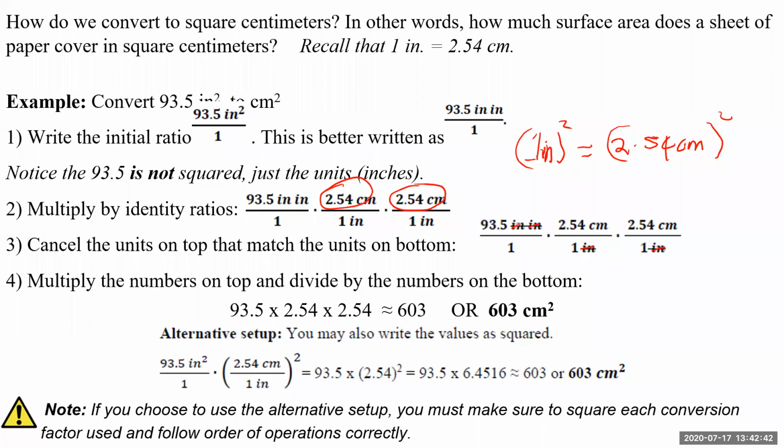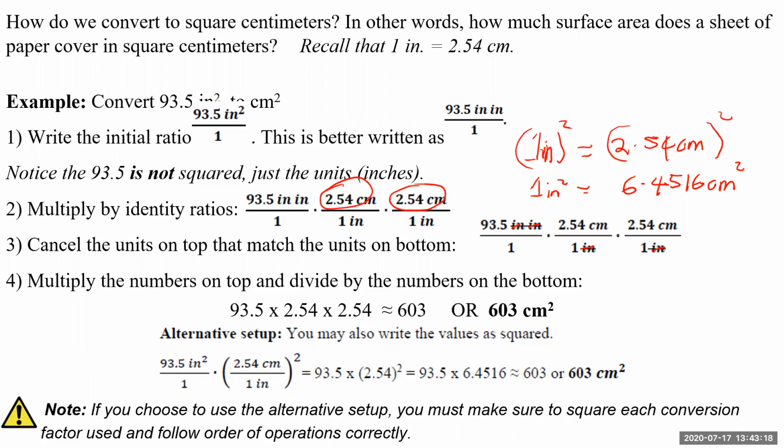Now, if you wanted to use the proportion approach, like I said, 1 inch is 2.54 cm. Now we square it, and that should give us 1 inch squared is equal to 2.54 squared, which is 6.4516 cm squared.